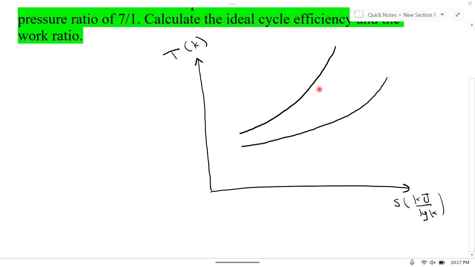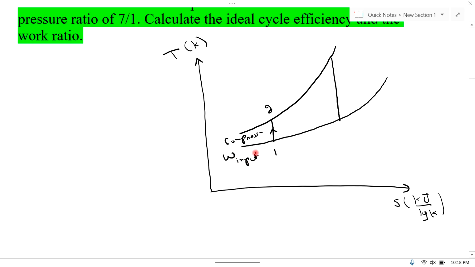From 1 to 2, this is the compressor, and we know that there is work input in the compressor.